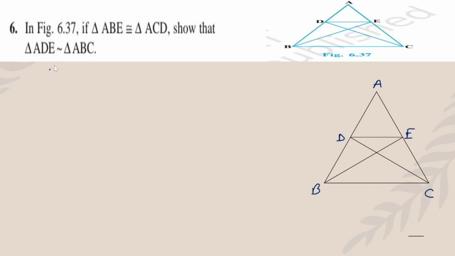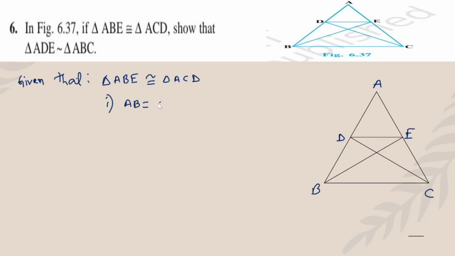Given that triangle ABE is congruent to triangle ACD. As it is given, we can conclude some results. As ABE is congruent to triangle ACD, you can write AB equals AC by CPCT.